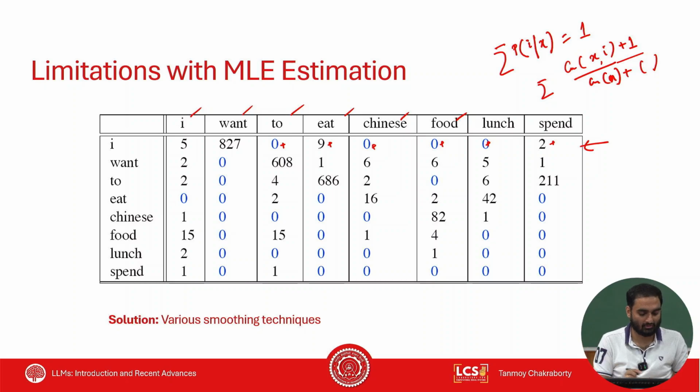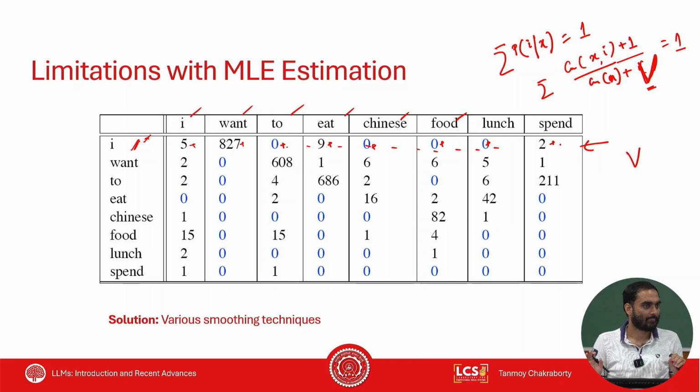Think about it. When you add +1 to all the entries here, for every entry, let's say for entry I, how many ones are you adding? The number of columns, and the number of columns is the same as the vocabulary size. If the vocabulary size is V, then you are adding V ones. So if you normalize it by adding V to the denominator, the sum is going to be 1.